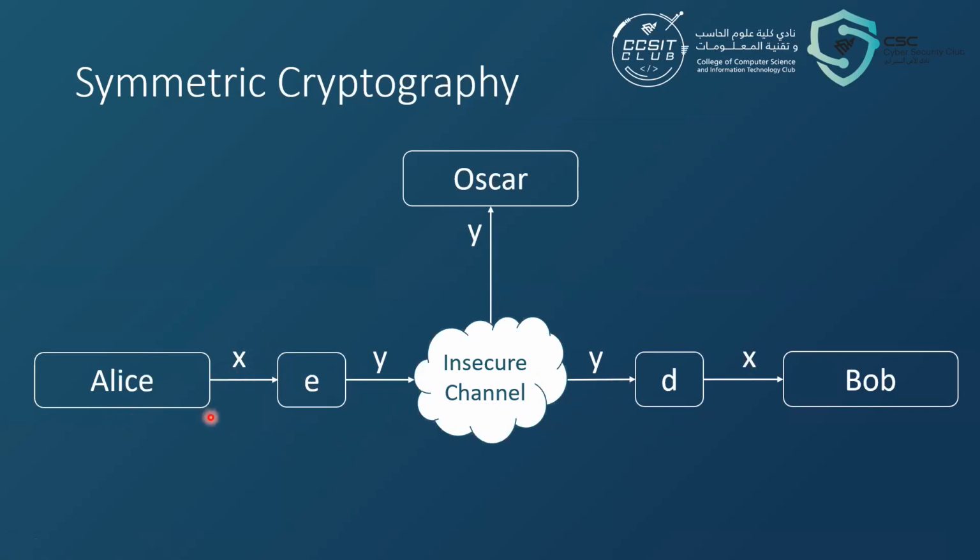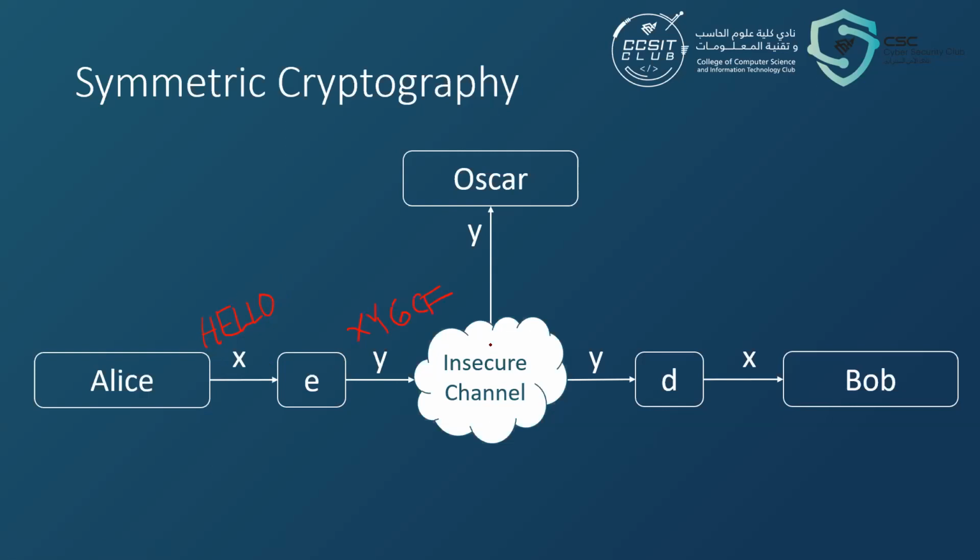So basically, when Alice sends a message, for example, if Alice sent hello, this is the plain text, the original message. After it goes into the encryption function, you get a scrambled set of characters, for example XY, GCF.